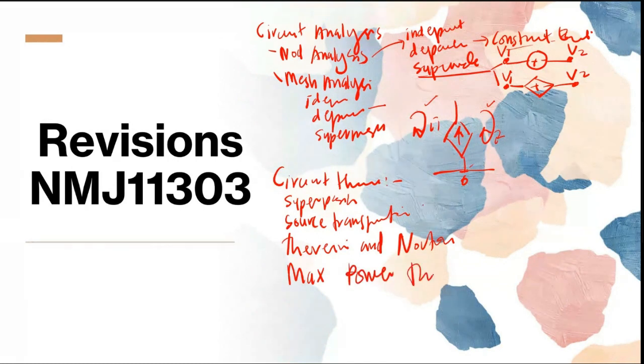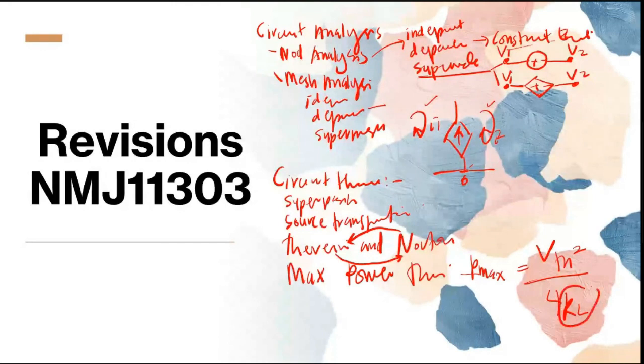Thevenin and Norton, like I said before, are related to each other, and maximum power transfer uses the Thevenin equation, where Pmax is equal to VTH squared over 4RL, where RL is equal to your RTH. So hopefully we try to do a few exercises or examples in this revision.